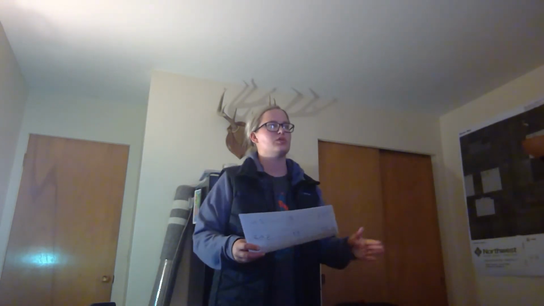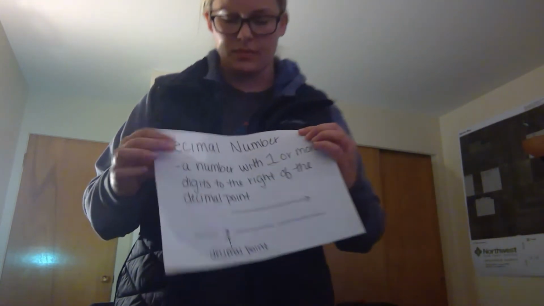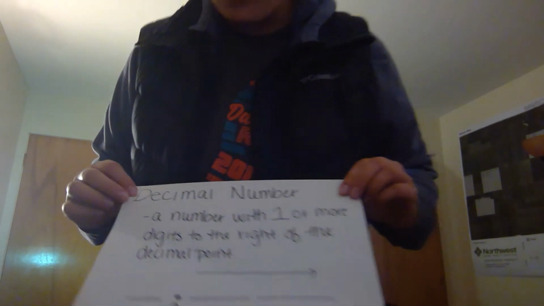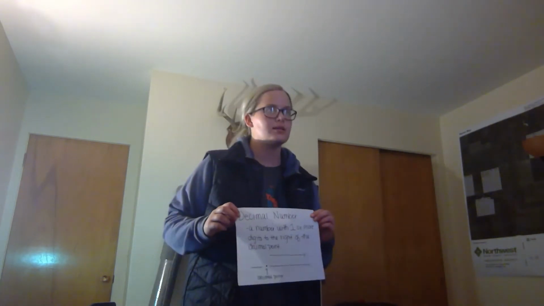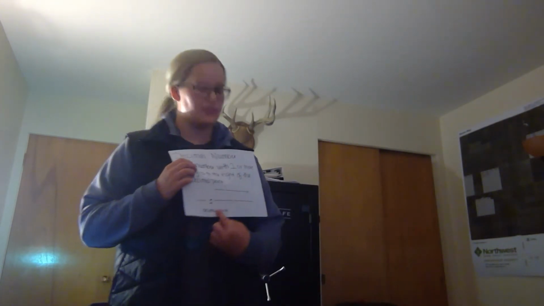But today we're just going to learn what a decimal number is and how to quickly identify that decimal number in a group of regular numbers, okay? So a decimal number is a number with one or more digits to the right of the decimal point. So if we have our place value here, we have our ones place here, we have this little dot, and that's our decimal point.